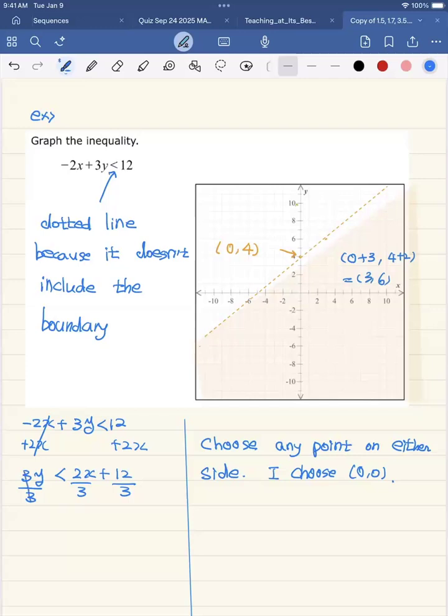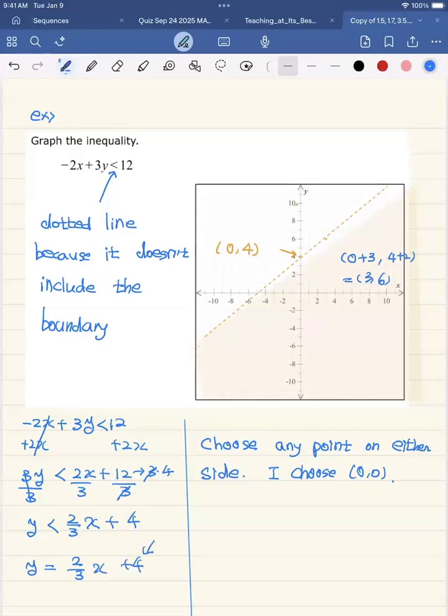Then the left side is y, and that's less than 2/3 x plus 4. This is 3 times 4, so those two cancel each other. When we think about the straight line, that's y equals 2/3 x plus 4.